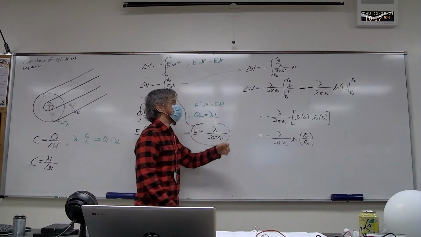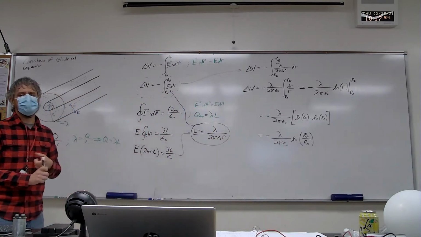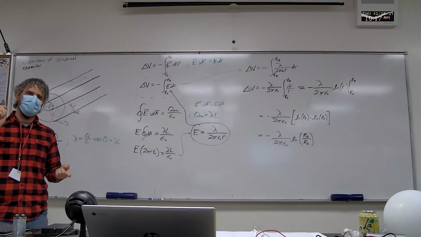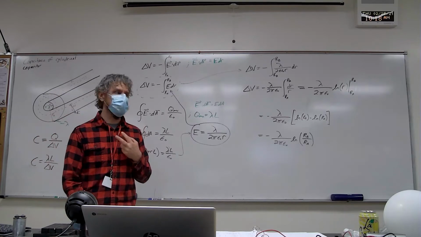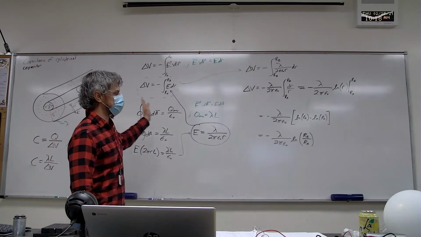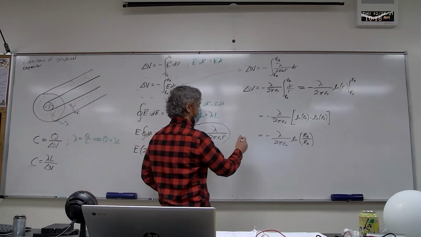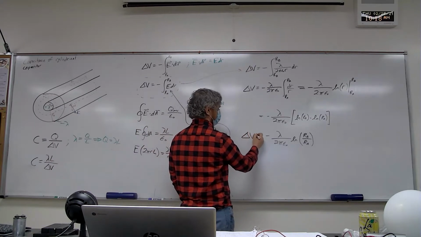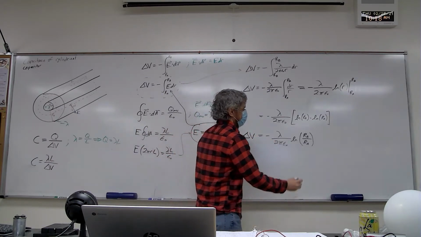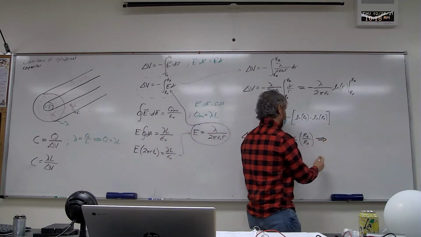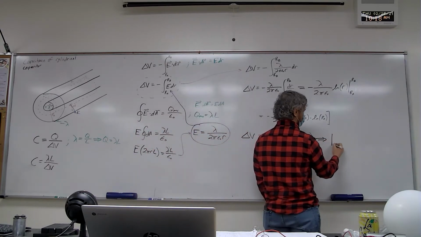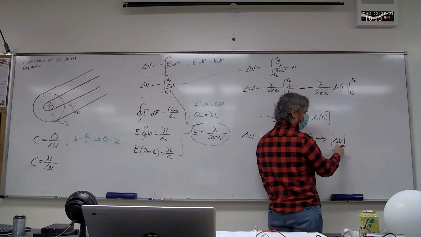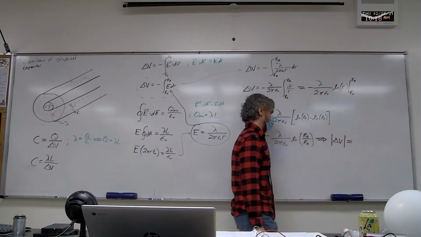So anyway, with that integral, and with the same steps that we use to determine the capacitance of a parallel plate capacitor and a spherical capacitor, same steps for a cylindrical capacitor, and we get that the potential difference is this guy. And since we're dealing with capacitance, which is always positive, we're really interested in the magnitude of the potential difference.